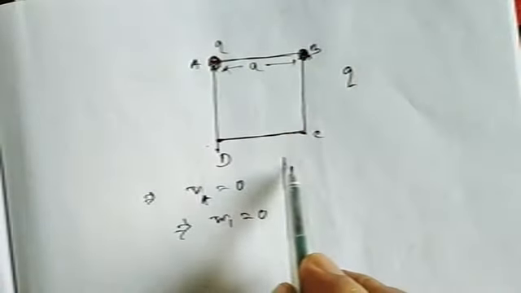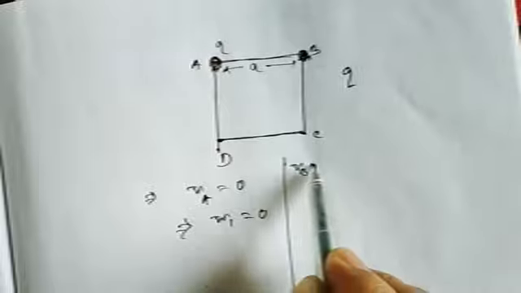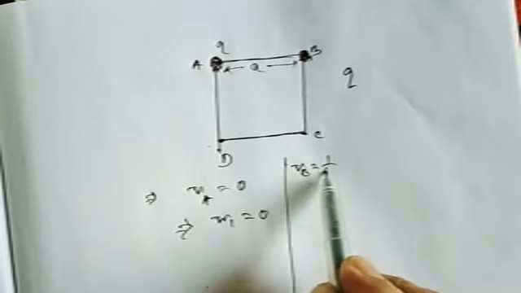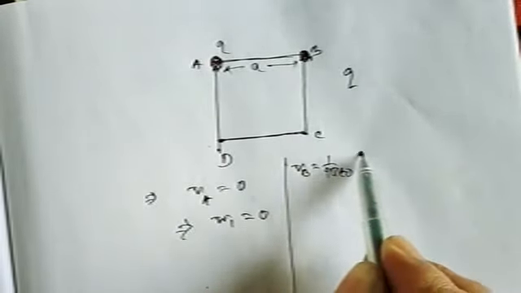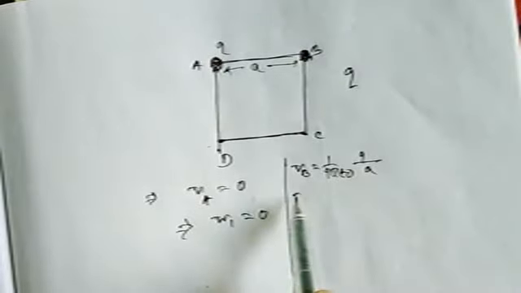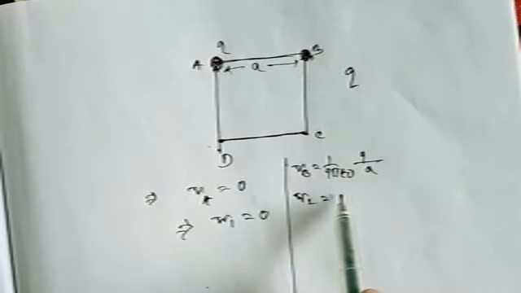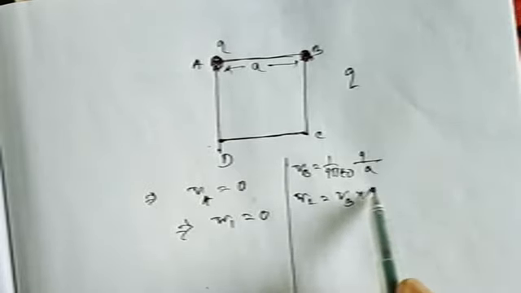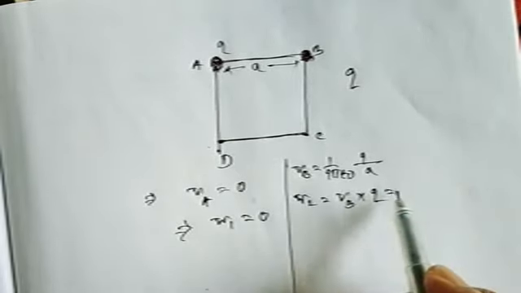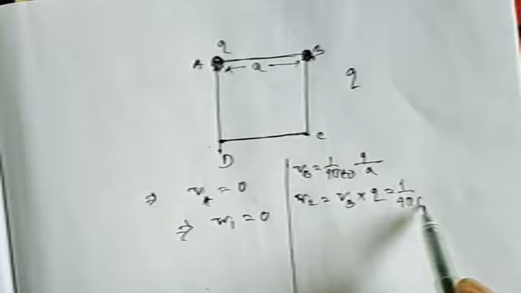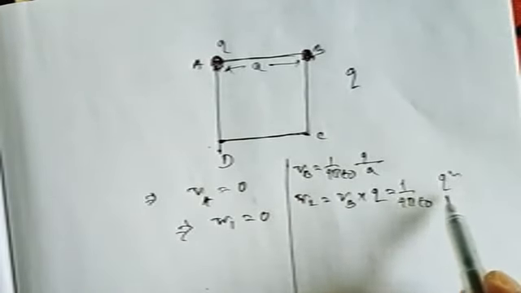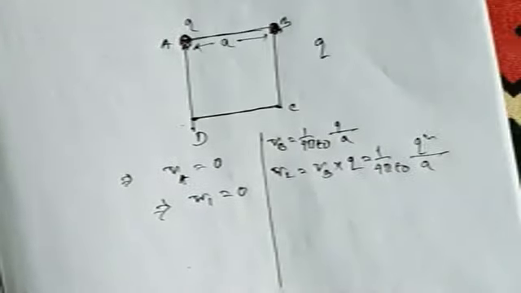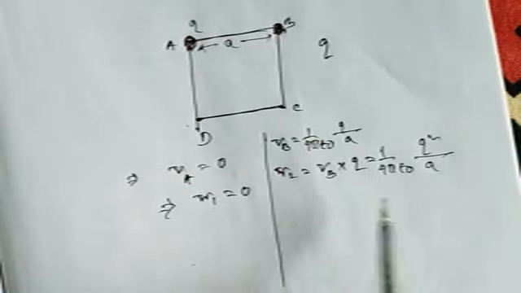Therefore potential at point B will be 1 by 4 pi epsilon naught q by a, and work done W2 will be VB into this q, means actually it will be 1 by 4 pi epsilon naught q square by a. This is for VB.